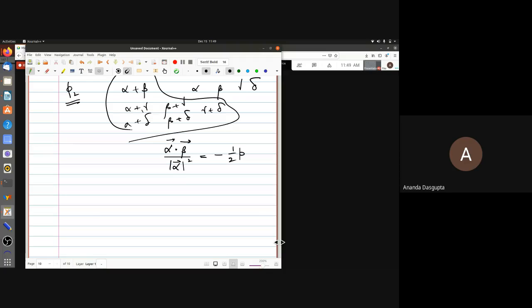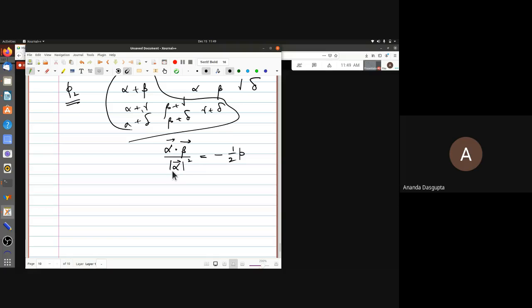P means how many times can I shift beta in the direction of alpha? So if p is positive, what does that tell you? It tells you that you can shift beta in the direction of alpha and you will get a root. Clear? That's where the SU2 subalgebra generated by E alpha comes in.